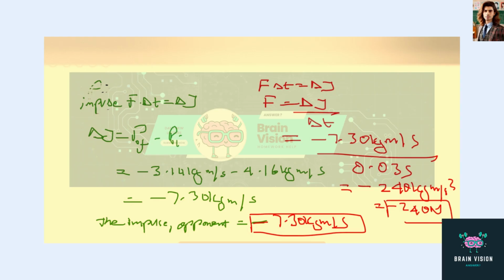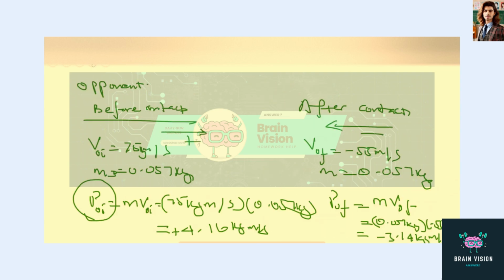So this is the net force for the opponent pointing towards the left, and this is the impulse also, the change. It's negative because remember initially the ball is coming with a positive momentum and then it has to switch to a negative. These are the computations.